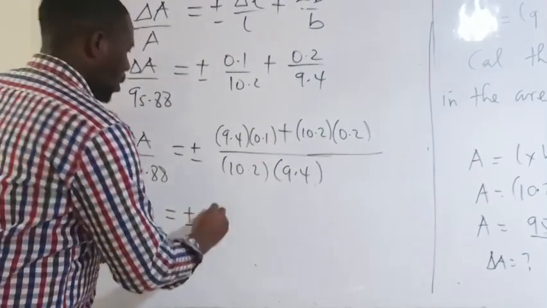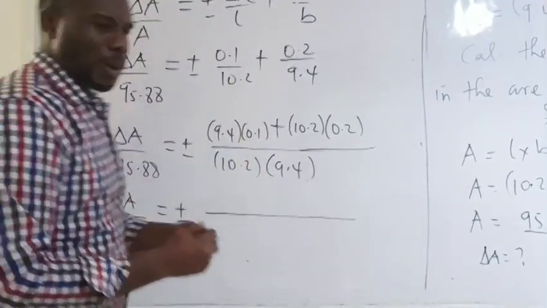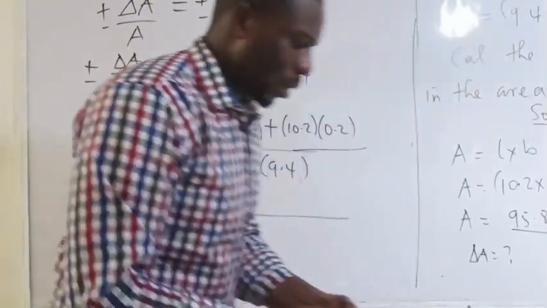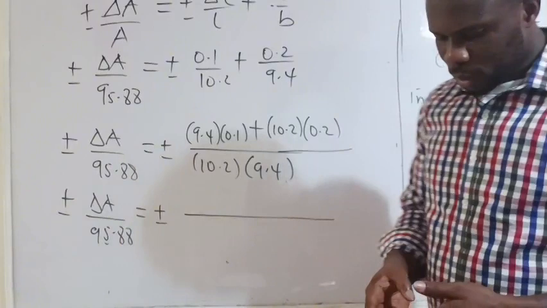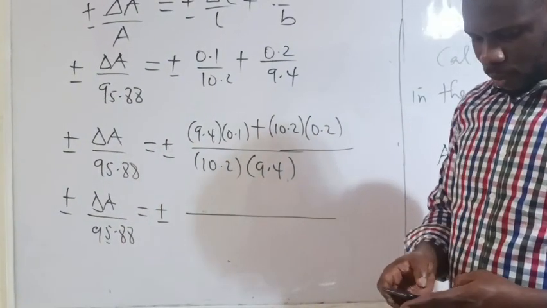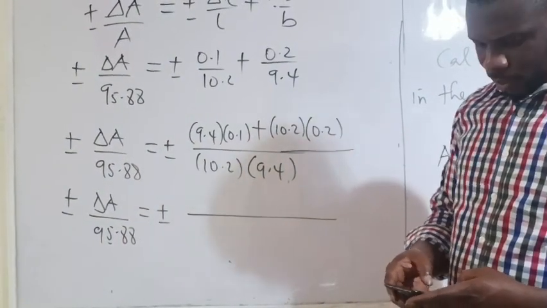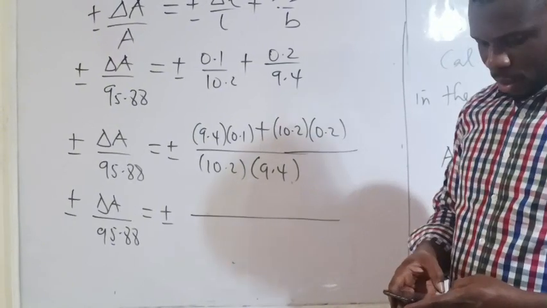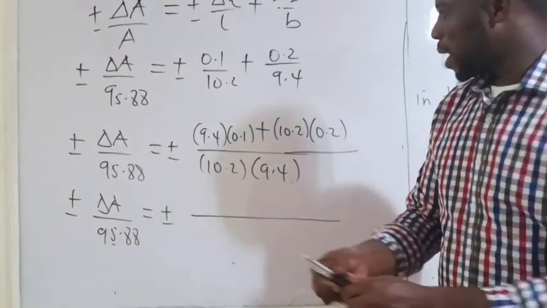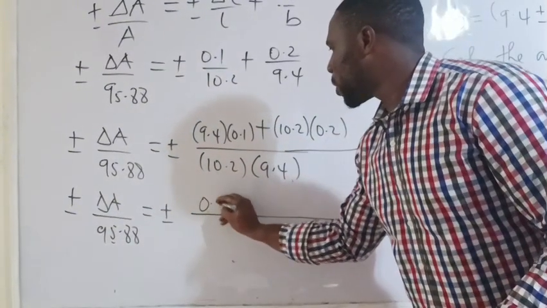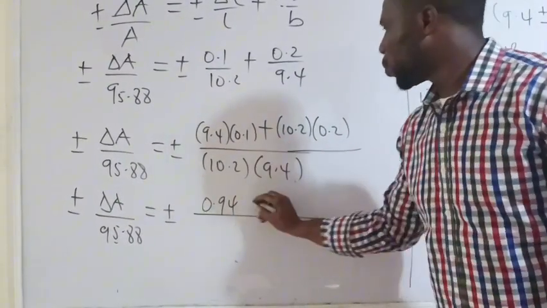Now, let's see what will come out from the top. So what I have here is 9.4 times 0.1, and this boils down to be 0.94, the product of the first two.